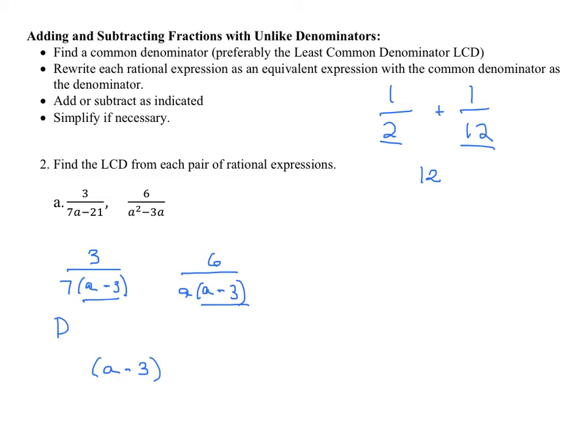And so this is my denominator category. I'm not done yet. Okay. And then anything else that's left over, you just write it down in front. So my least common denominator is 7a times the quantity a minus 3. And you never multiply anything out.